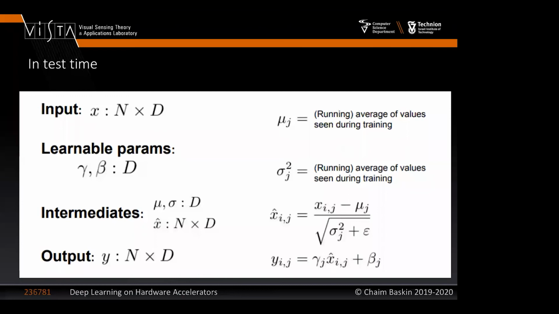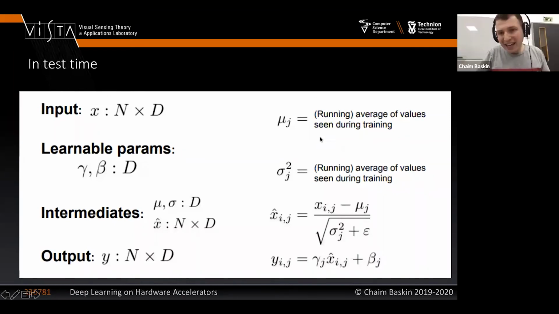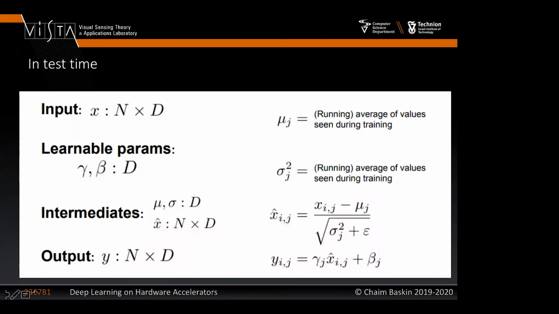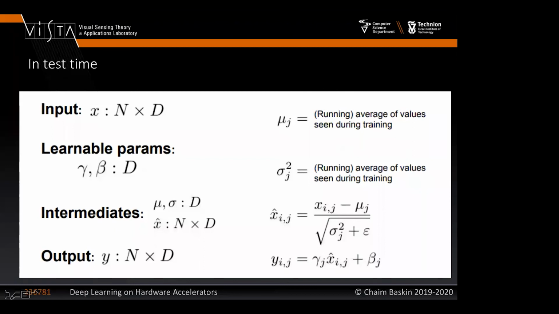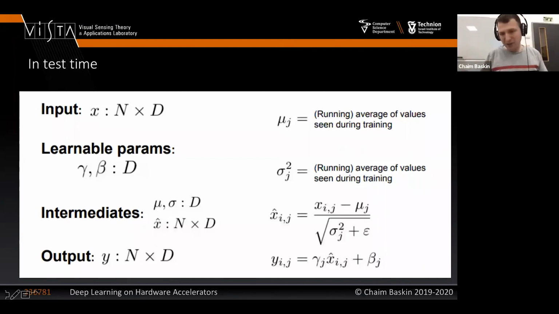You do not calculate the statistics again during inference. Using a running average means you use the values seen during training. You do not compute the statistics for inference time again independently, because otherwise you will see other numbers.